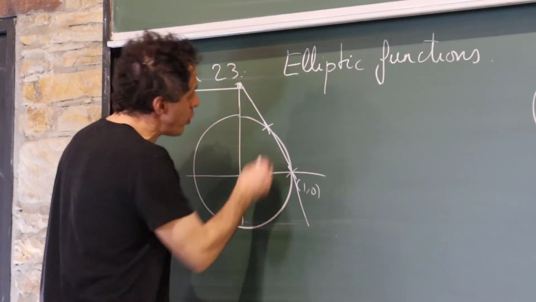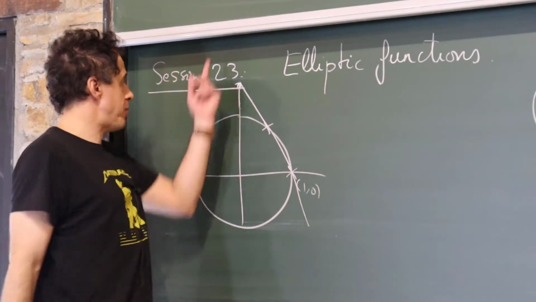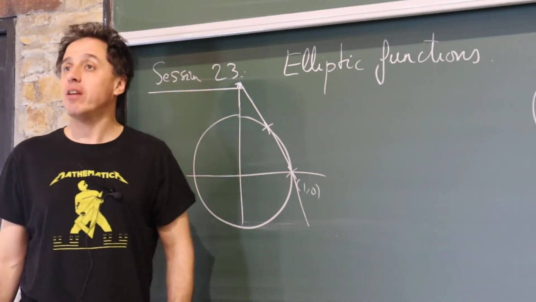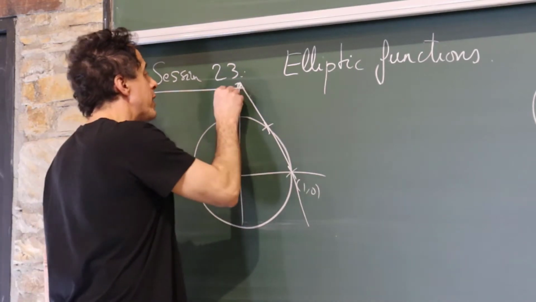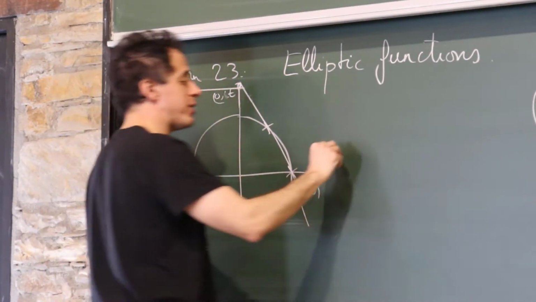So we could try to parameterize these points by the points of this vertical axis having rational coordinates. So take a point here, (0, t), where t is rational.